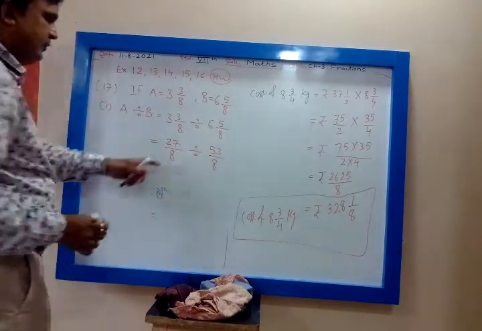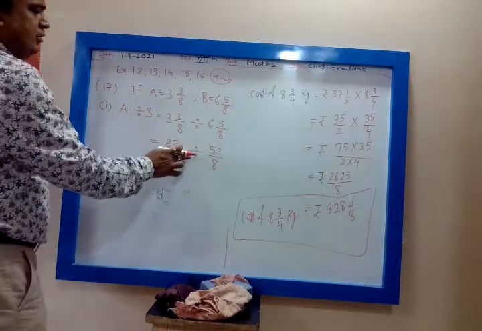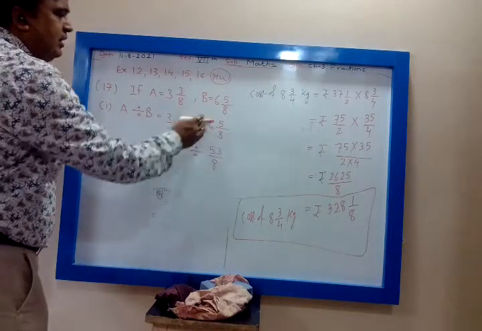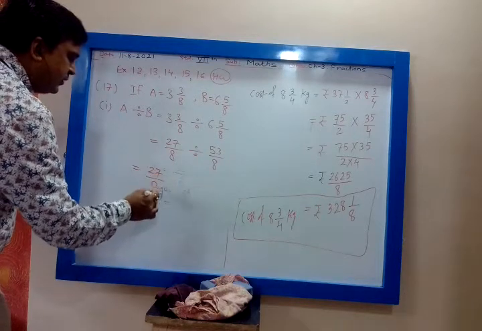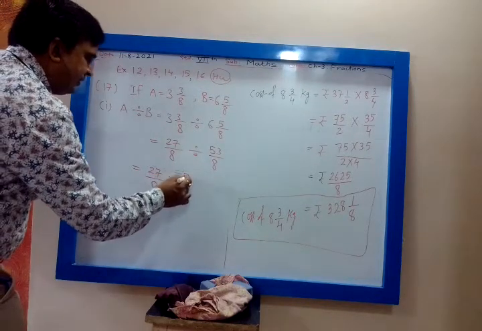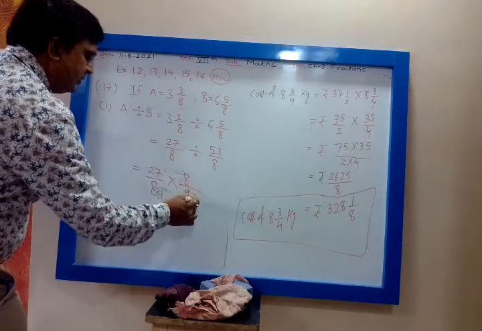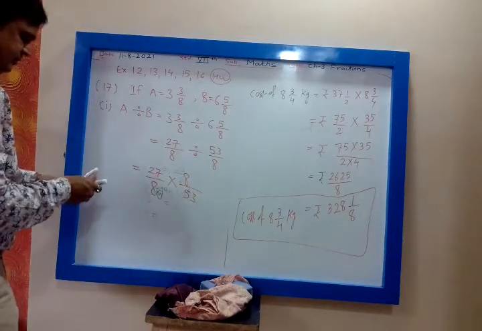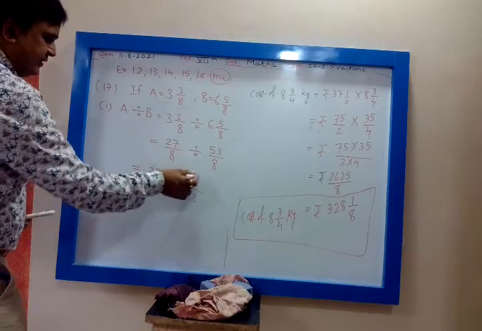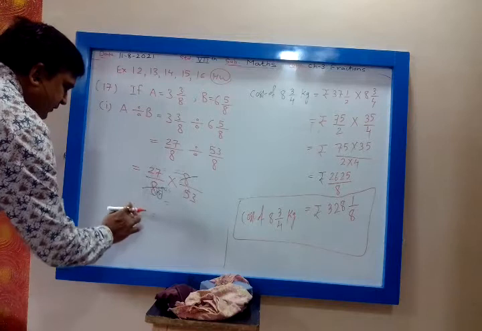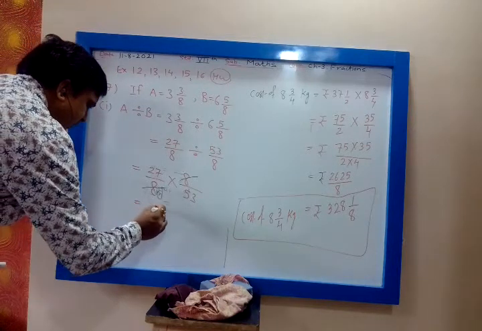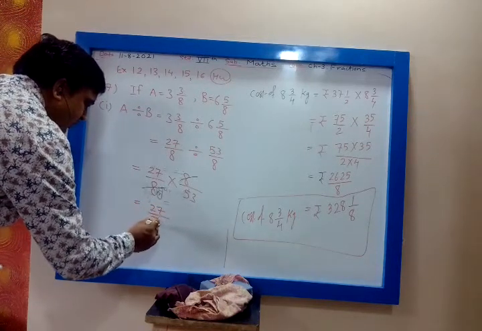But in division, when we convert division into multiplication, we take the reciprocal of the second. So that will be 27 by 8 multiplied by 8 by 53. So now 8 gets cancelled. The answer is 27 upon 53.